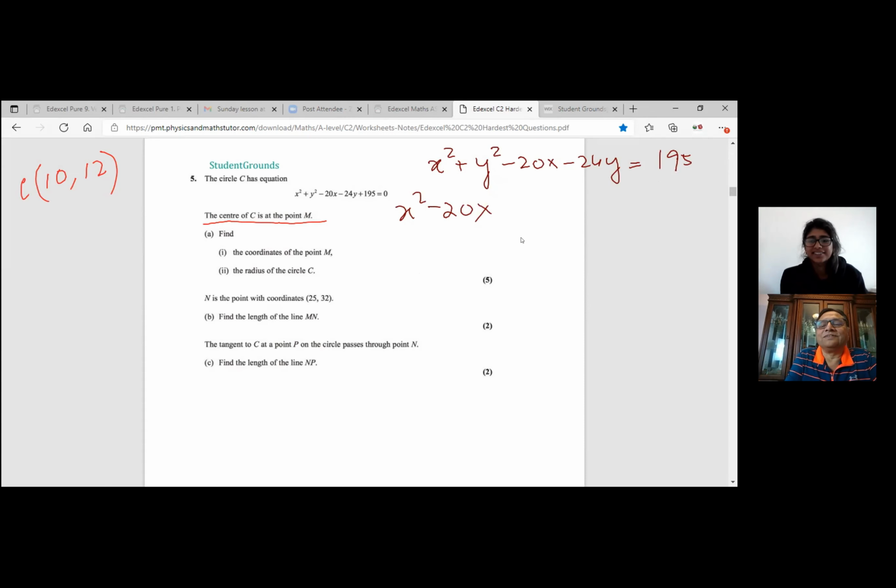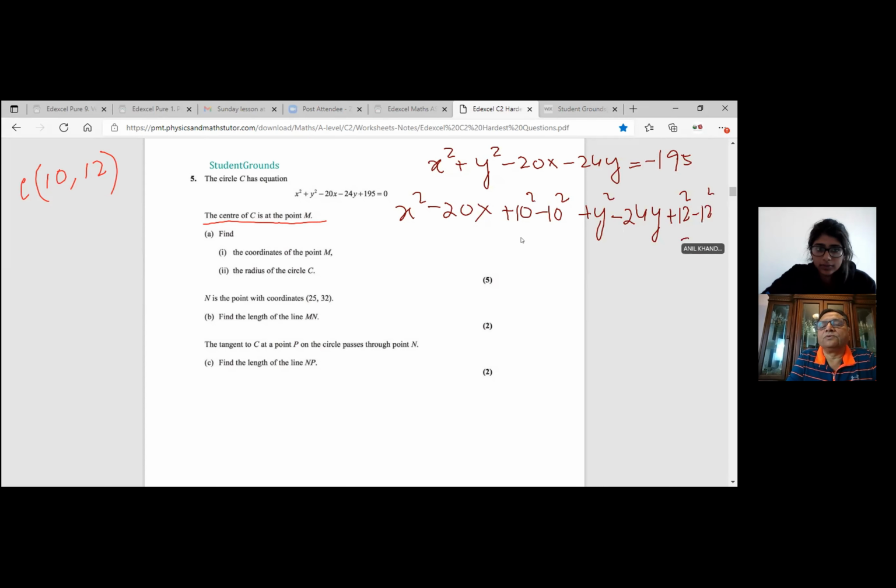Yes, minus 195. Minus 20, half of 20 is 10, so we are going to add 10 squared and subtract 10 squared. Now, on the other hand, we have y squared minus 24y. Half of 24 is 12, so we'll add 12 squared and subtract 12 squared.